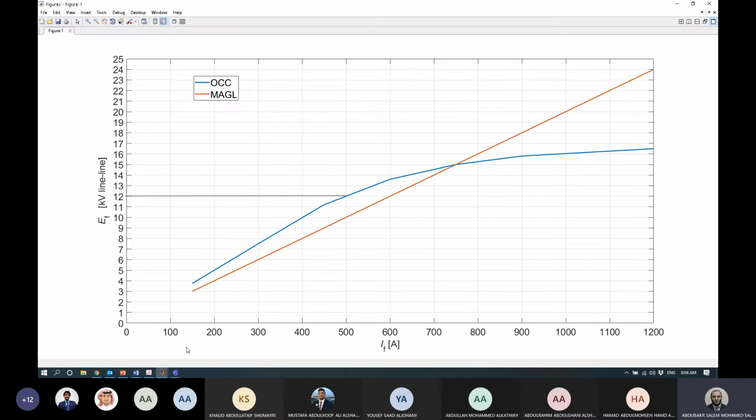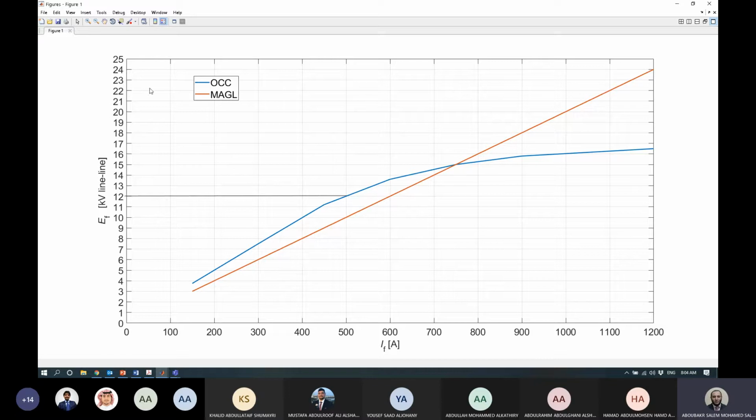I plotted here using MATLAB, for instance. I plotted the open circuit characteristic, this blue line, and this line represents the modified air gap line, which passes through 0 and the value of rated voltage, because we are going to use it in the problem.